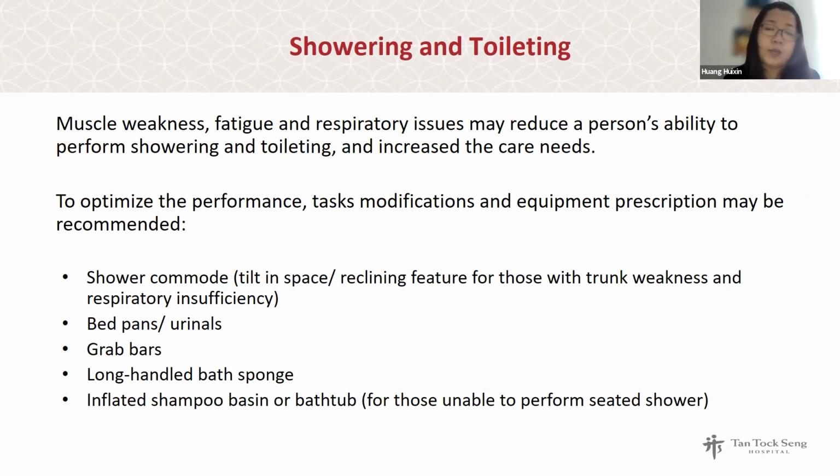Later, I'll be showing the pictures in the following slides. Or, say, some things like a grab bar, is it necessary to use a grab bar? If the patient is a little more bed bound, should we look at having an inflatable shampoo basin or bathtub for them so that they can have a clean self as well, good personal hygiene.